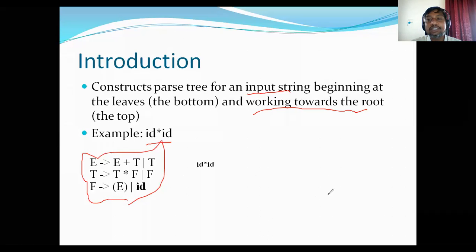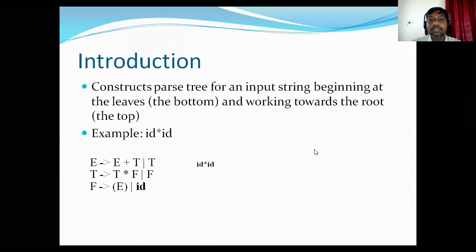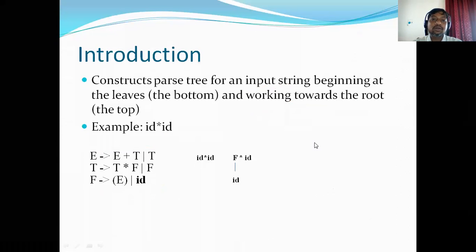In bottom-up parsing, let's see what happens. First we'll reduce id with F. Why? Because we have a production rule F derives id.